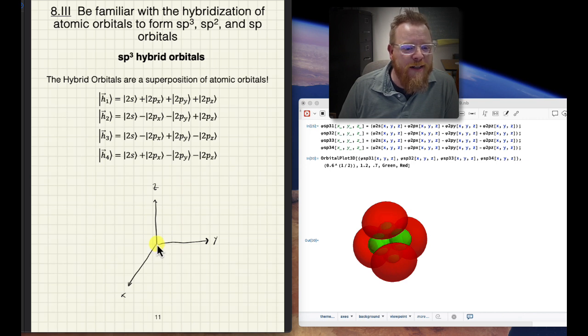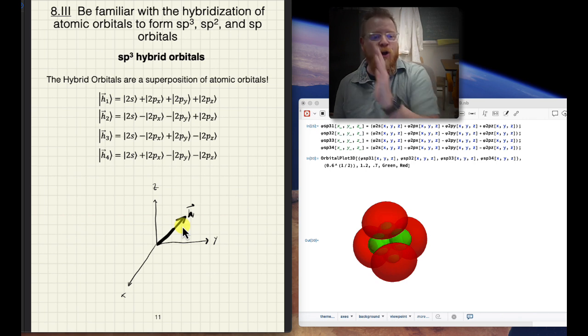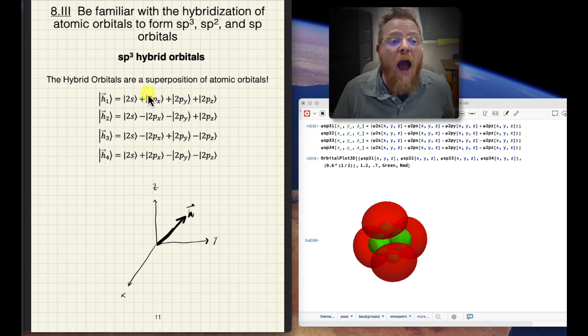That's going to end up looking something like this, where this vector, I'll call that H1, is going out into the positive Z, positive X, and positive Y. Now you can see here, we apply our linear algebra and make all of the necessary plus-minus combinations. So for H2, we keep things in the positive Z, but now we make them in the negative X and the negative Y. I think I can draw that. That will look something like this, H2. Let me make that 2 a little bit more clear.